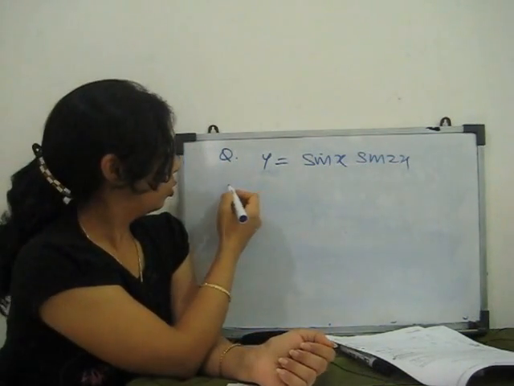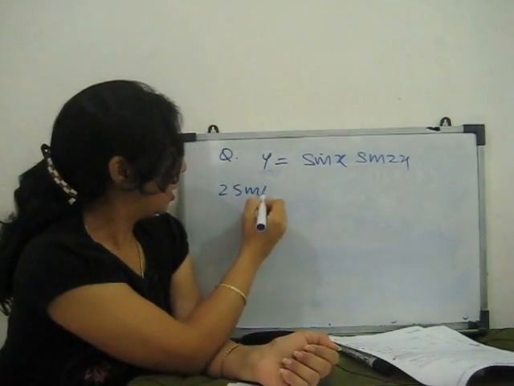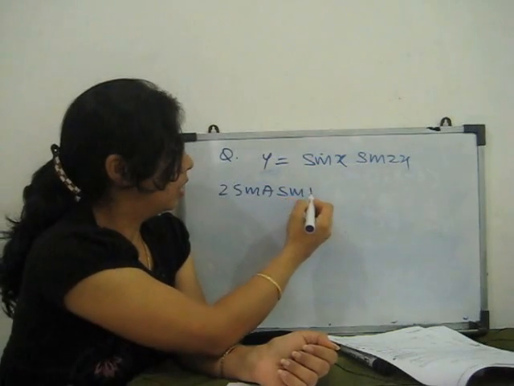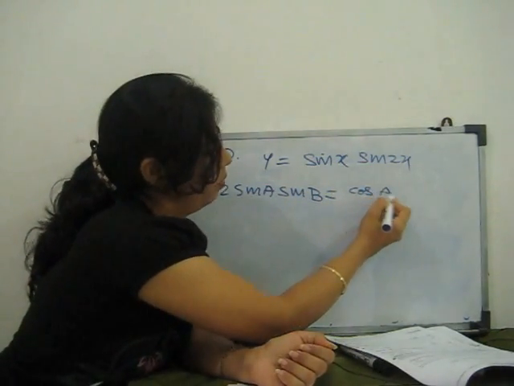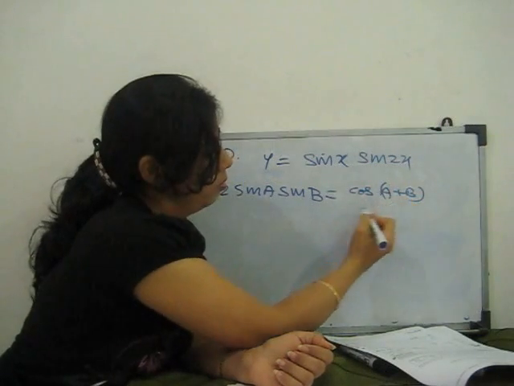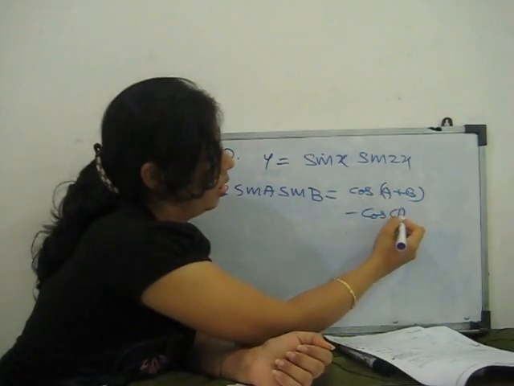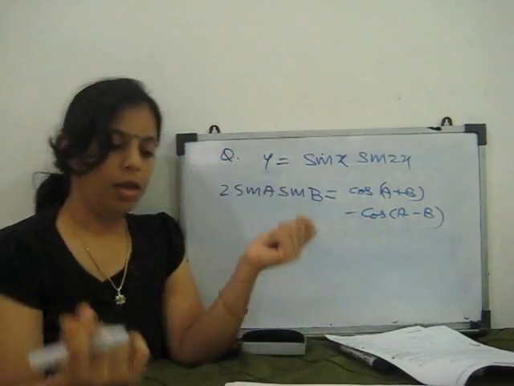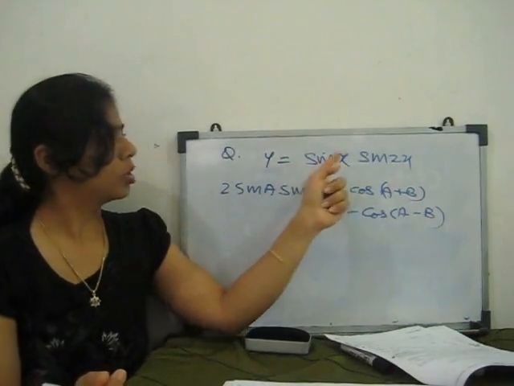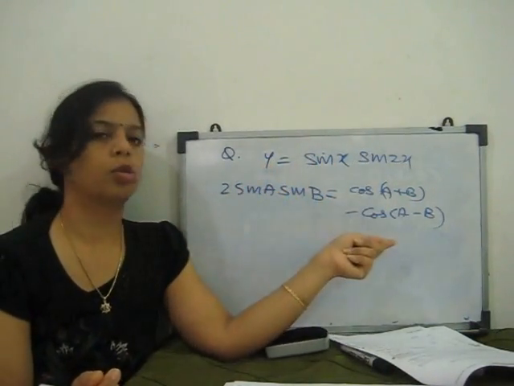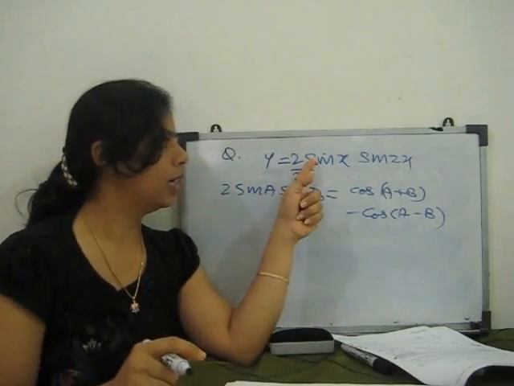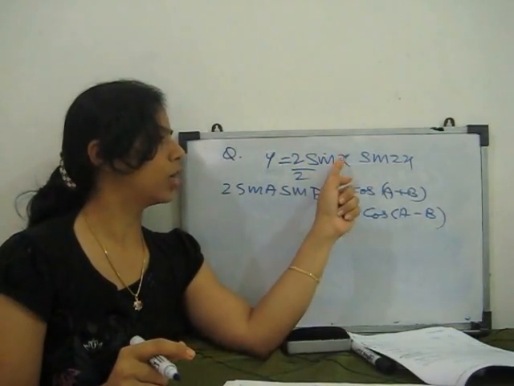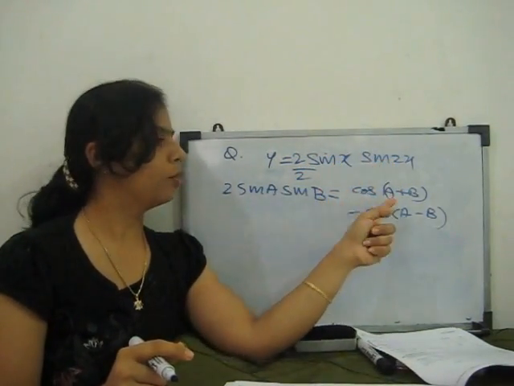You know, 2 sine A sine B is equal to cos(A plus B) minus cos(A minus B), which gives 2 sine A sine B. If 2 is not there, we have to multiply and divide. In this case we multiply and divide, and put the value of 2 sine x sine 2x here.